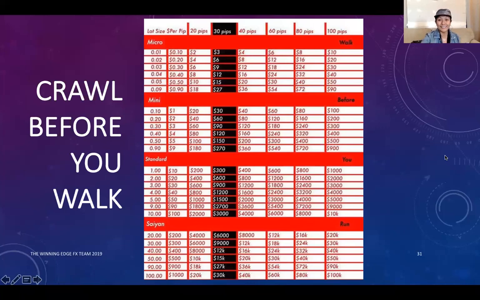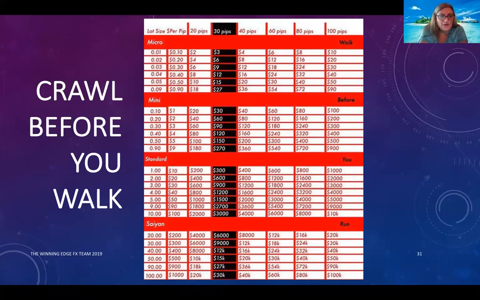Okay, let's see. Melissa, would you walk through this, because it's a perfect summary of what you just covered? Yeah, so this is our sheet that shows you what lot size you're taking and what they're called. So a micro lot, there's also a nano lot depending on your broker that's even smaller than what you see here.